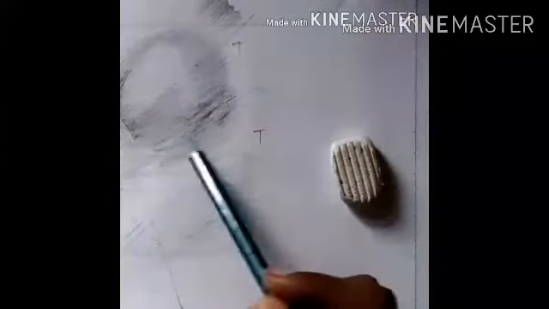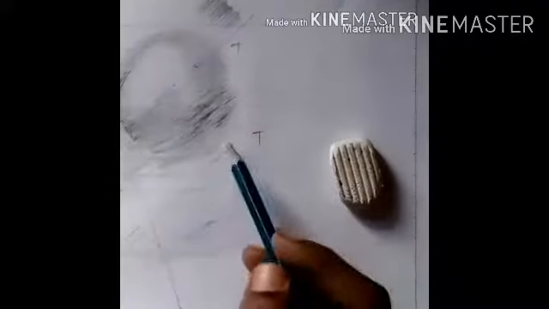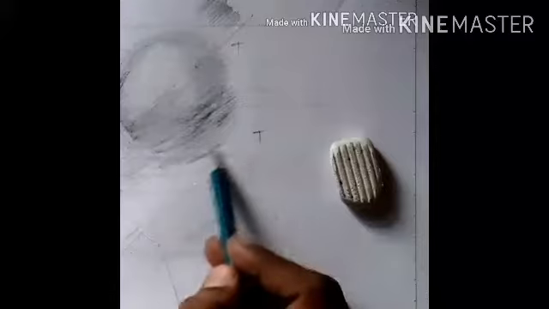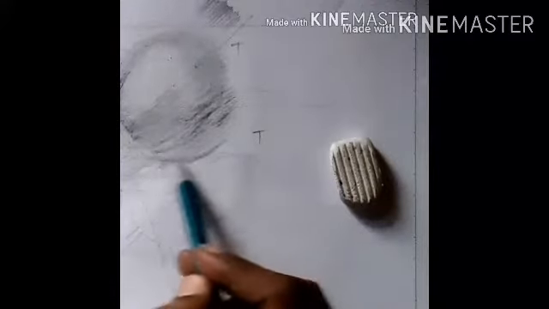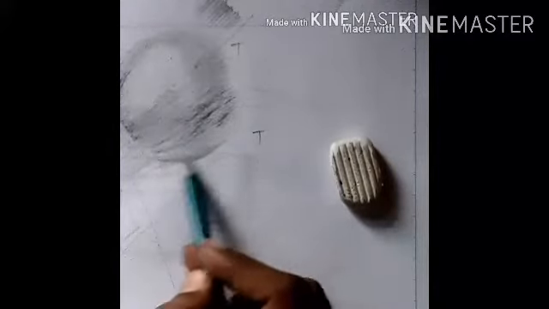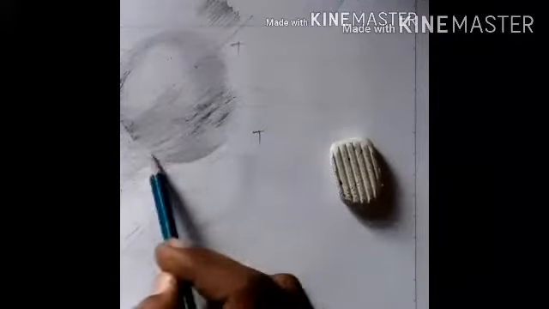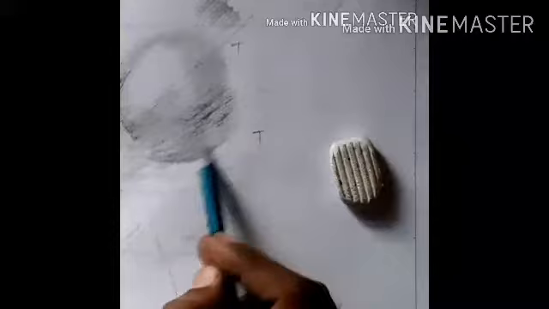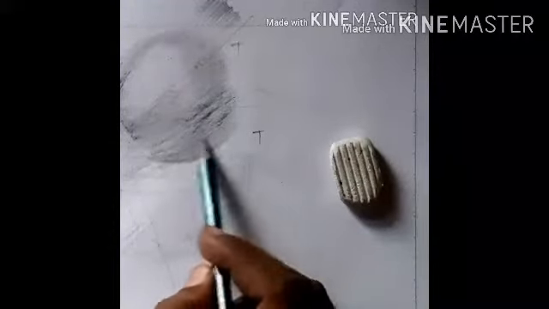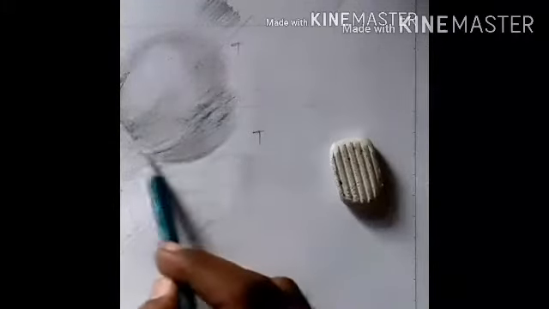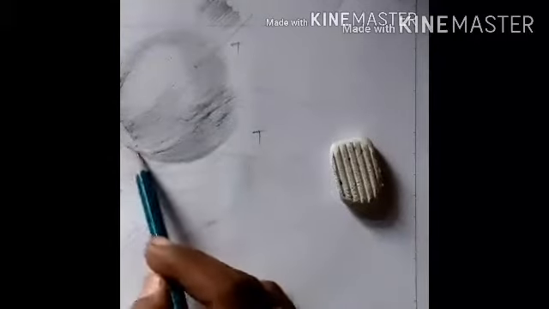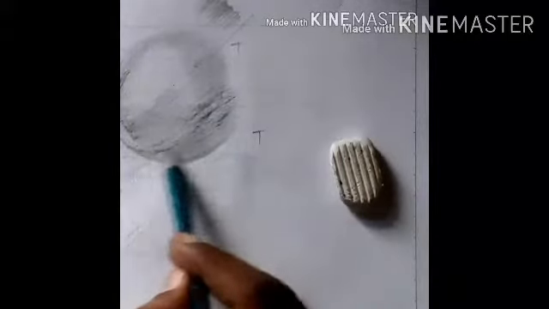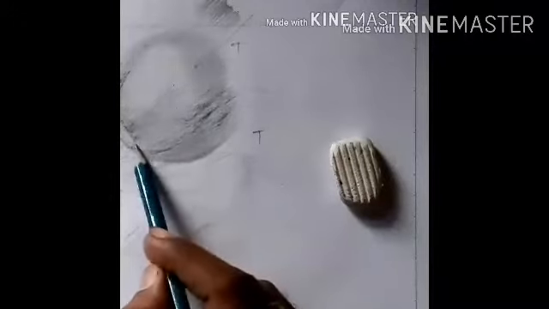Remember that for shading, first learn to control the pressure of your pencil. Practice that by drawing smooth, gradual value scales. Then apply the gradual shading to a simple object. Use real life objects and observe how light interacts with them.